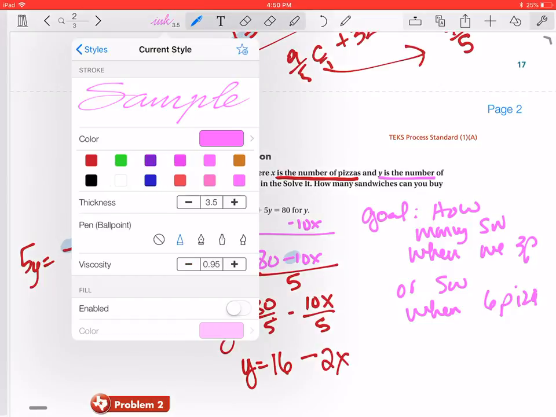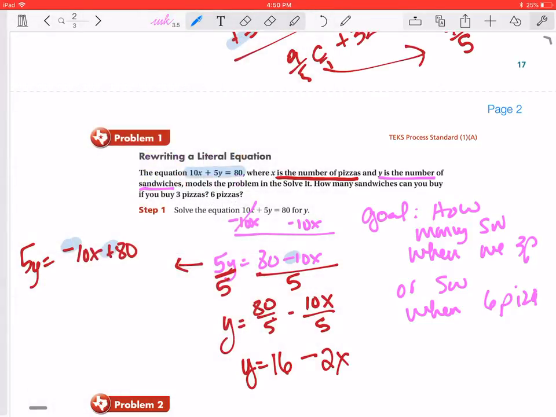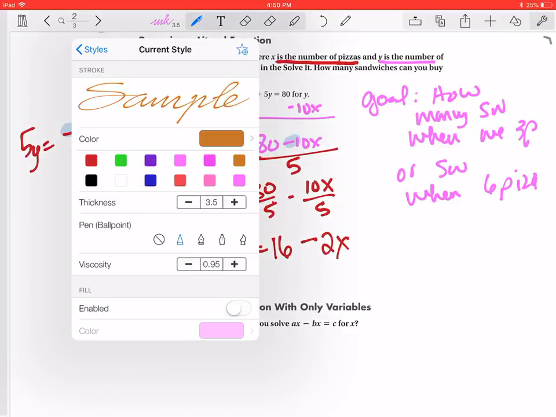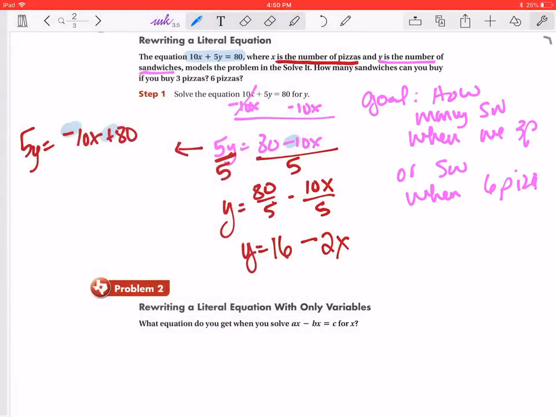Okay? That means y is our sandwiches. So sandwiches equals 16 minus 2 times whatever the value of the pizza is. So we said that we wanted 3 pizzas. So we're going to plug that into our equation, or substitute would be the correct word. So we're going to say y is equal to 16 minus 2 times 3, which is 16 minus 6.